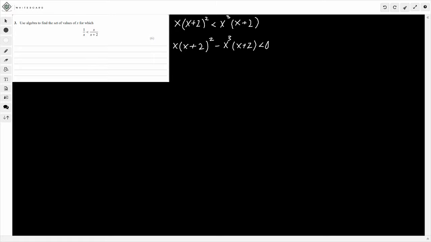Now we're going to have to look to factorise. So notice we've got an x and an x cubed, we've got an x plus 2 squared and an x plus 2 here. So what's the biggest factor we can pull out? Well, I can pull out an x from x and x cubed, and I can also pull out one lot of x plus 2 because I've got a squared here but only to the power of 1 here. So I'm going to pull out x times x plus 2.